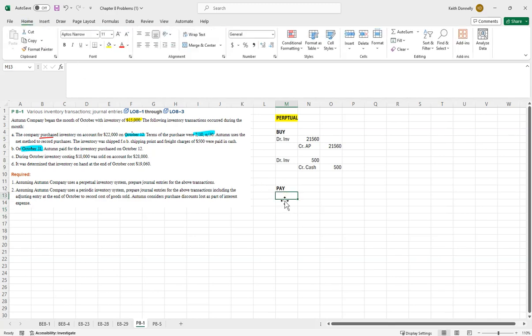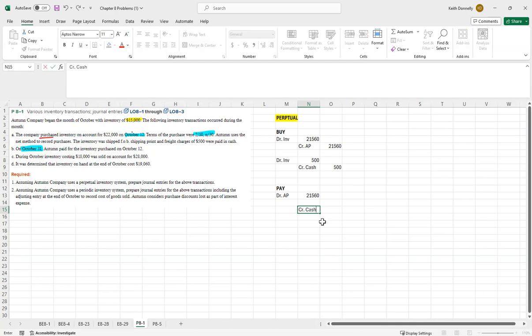We're outside the window, but we do pay off this account payable. So how do we deal with this? We have to get the account payable off the books. Debit accounts payable, it's on there for 21,560. We have to get it off for that. Because we missed the bus, we have to pay it back at the gross price.